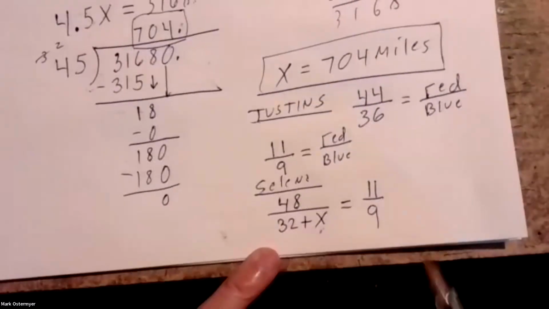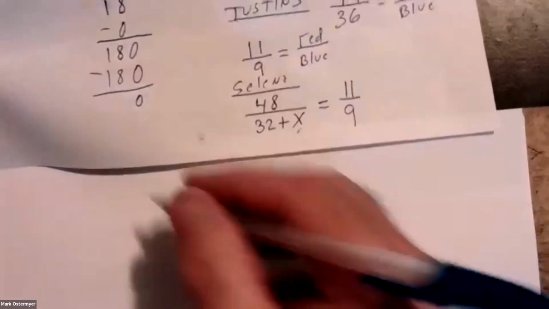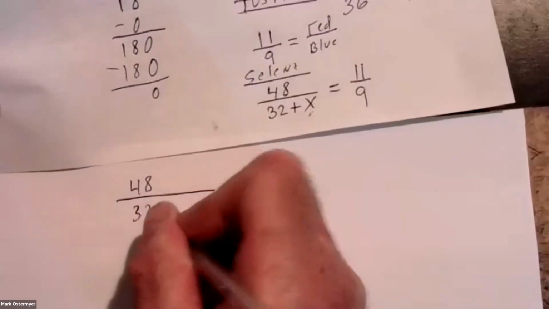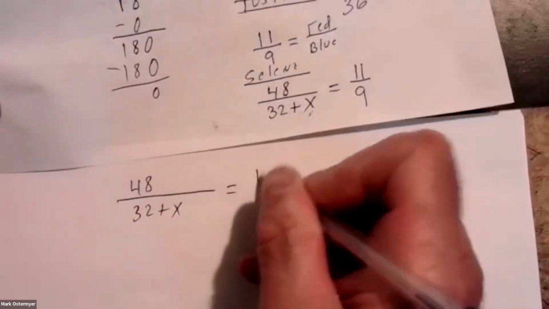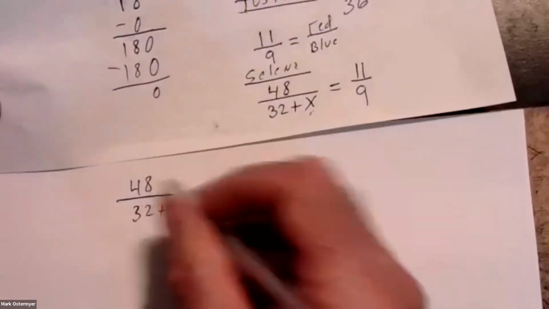How do we solve for X? We're going to cross multiply and equate the cross products.